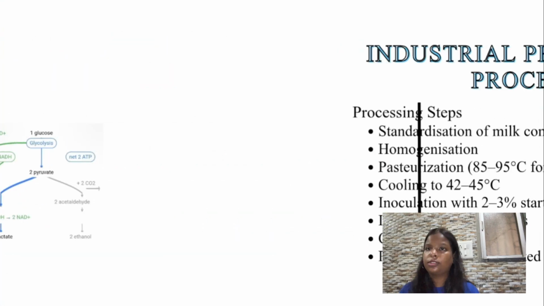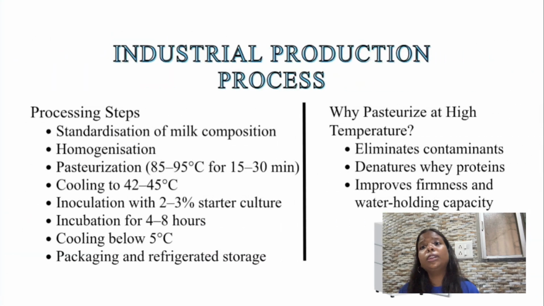Industrial production process. Industrial yogurt production involves several carefully controlled steps. The process begins with standardization of milk, followed by homogenization, which prevents cream separation. The milk is then pasteurized at high temperatures, typically between 85 and 95 degrees Celsius. This destroys harmful microorganisms and denatures whey proteins, improving the final texture.